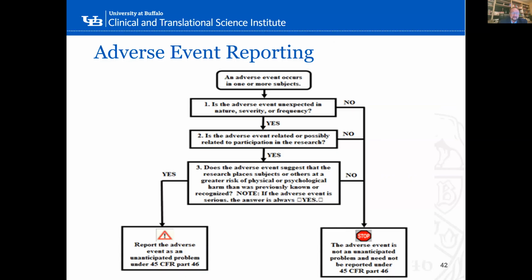Because things happen to people that may be unrelated, and if it's no, you can stop. Does the adverse event suggest that the research places subjects or others at a greater risk of physical or psychological harm than was previously known or recognized? And if the adverse event is serious, the answer should always be yes. But if it isn't, then you can actually decide whether to make it something that's reportable.